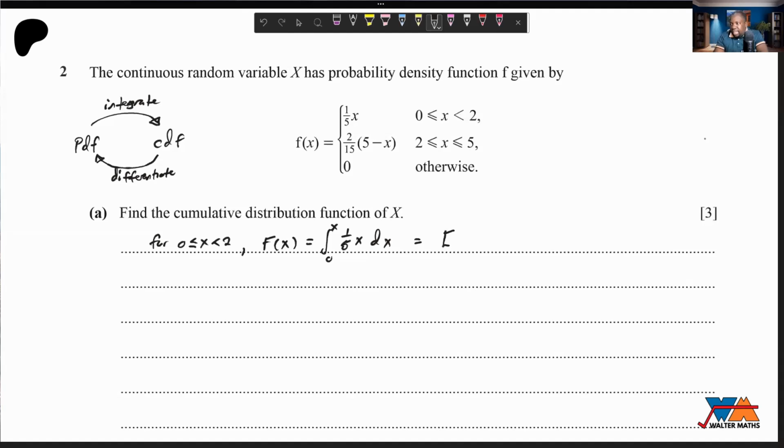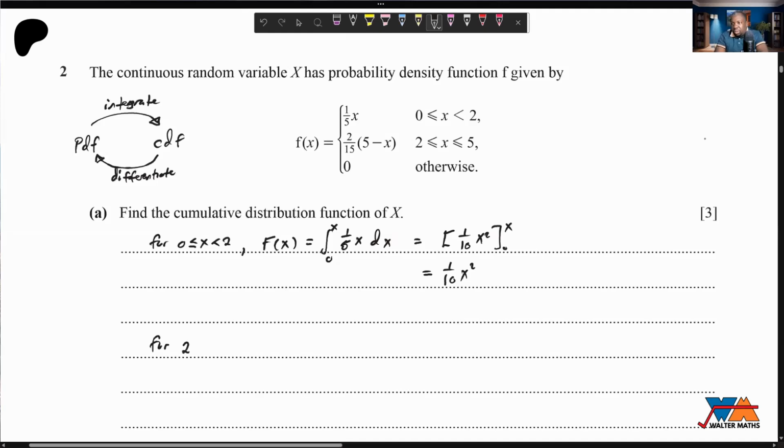Integrating, we get a 10th of x squared from 0 up to x. Substituting x, we just get a 10th of x squared, and that's it. And for the range of values from 2 to 5.